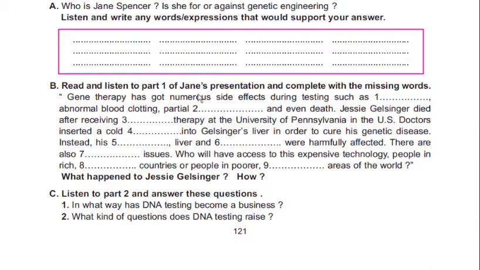So gene therapy has got numerous side effects during testing, such as fevers, that is spelled F-E-V-E-R-S. Abnormal, getting very high temperatures, that's fever. Abnormal blood clotting, we've seen blood clotting when blood becomes semi-solid.